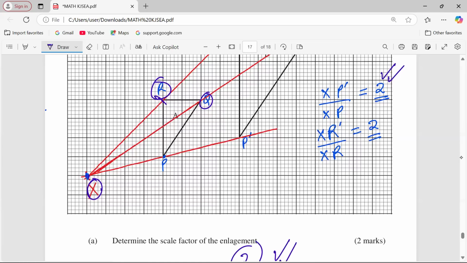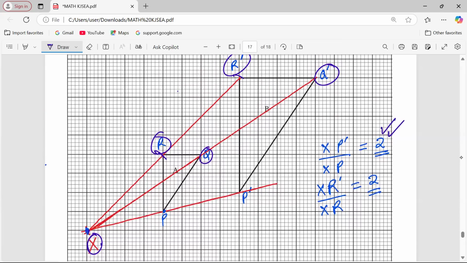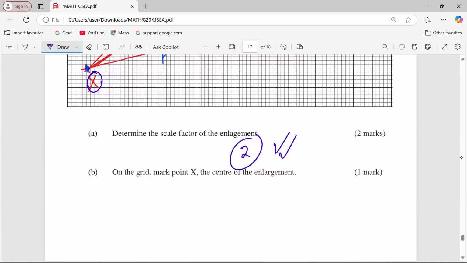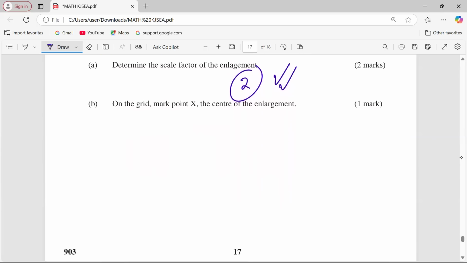But now that both the object and the image are on the same side of the center of enlargement, we have a positive scale factor of 2 in this particular enlargement.